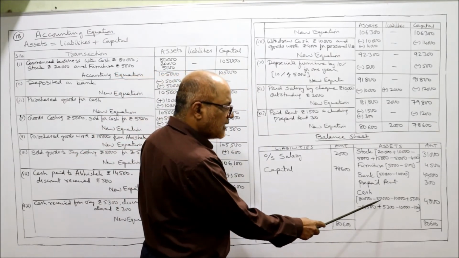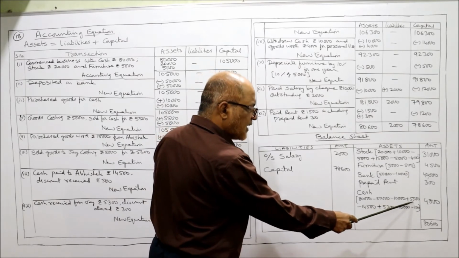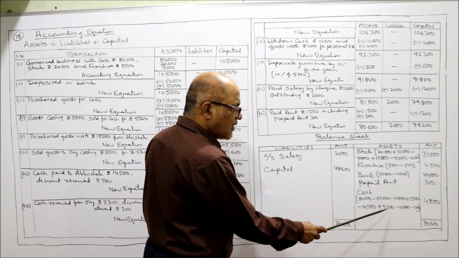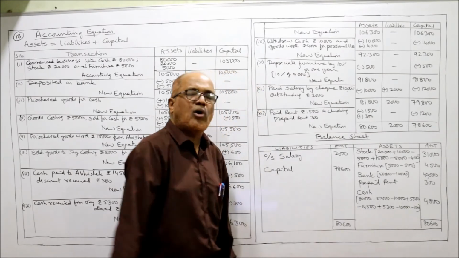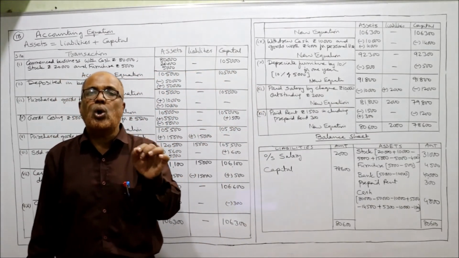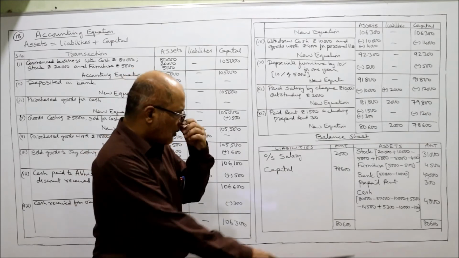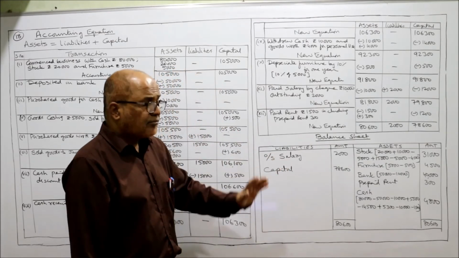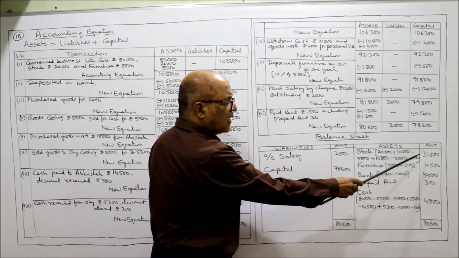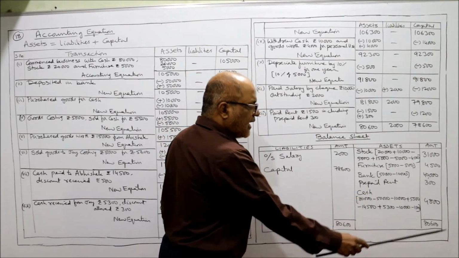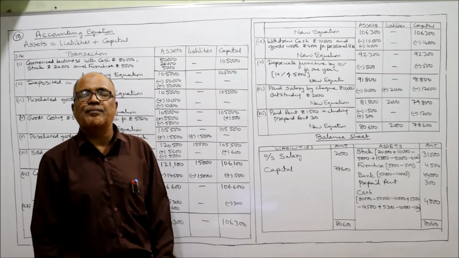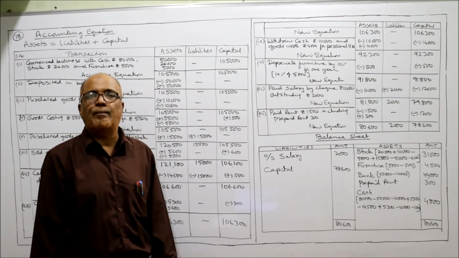So 80,000 minus 50,000 minus 10,000 plus 5,500 minus 14,500 plus 5,300 minus 10,000 minus 1,500. 4,800 is the closing cash balance. Now, after calculating, take the total. 31,000 plus 4,500 plus 40,000 plus 300 plus 4,800. 80,600. This is the total of the balance sheet.